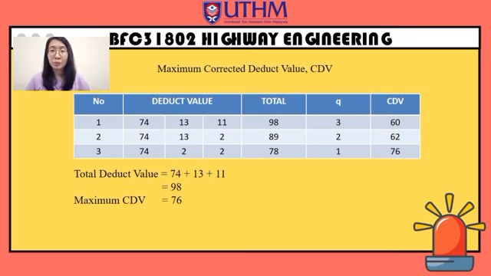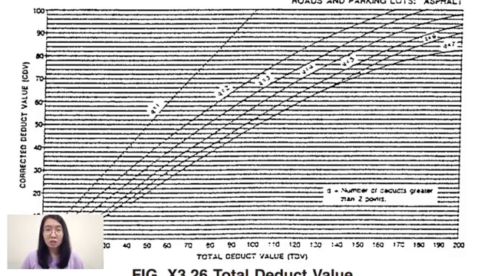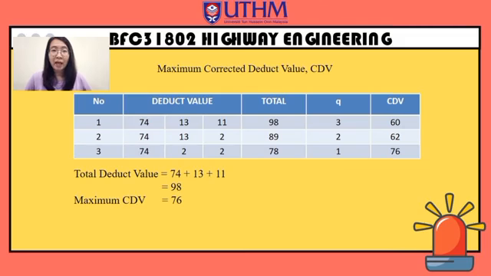After that, we will be able to find CDV with reference to the ASTM 6433 document. From the result, we get the maximum corrected deduct value of 76.